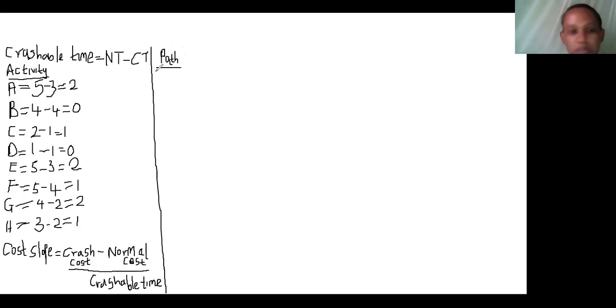We'll start by highlighting our critical path, which was path B, F, H. Here we will indicate the duration of the path.